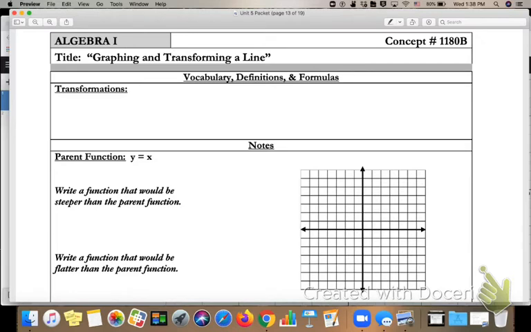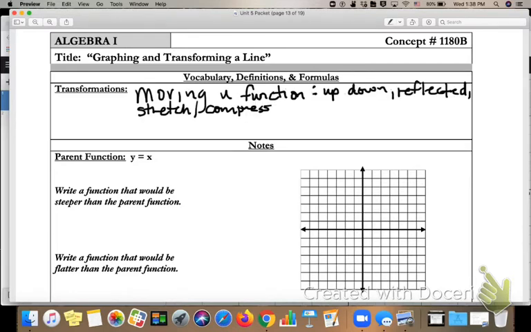What is a transformation? It's moving a function up or down, reflecting it, or changing it to stretch or compress. So if you want to move your line up or down, you're going to change the y-intercept.